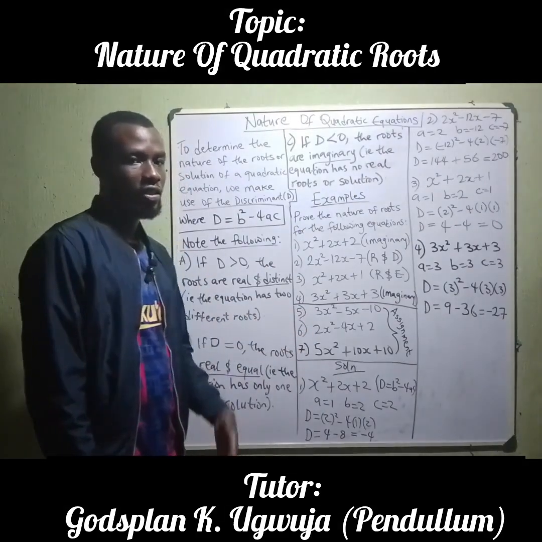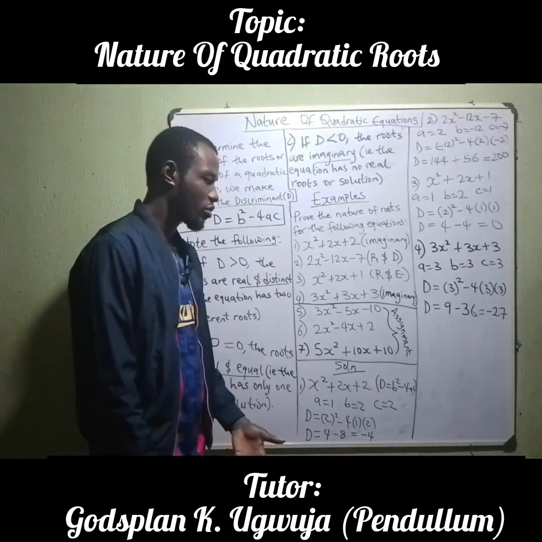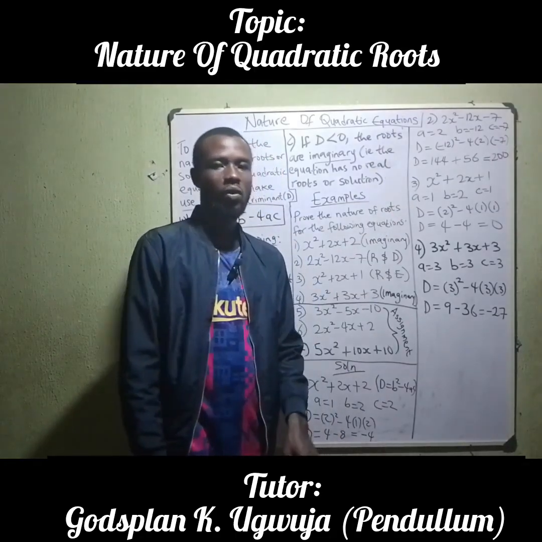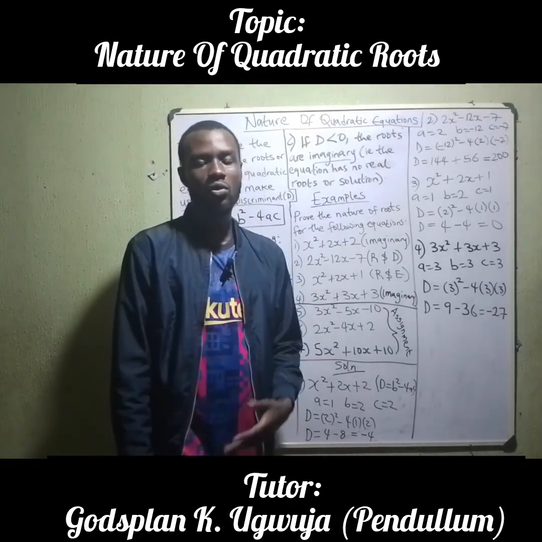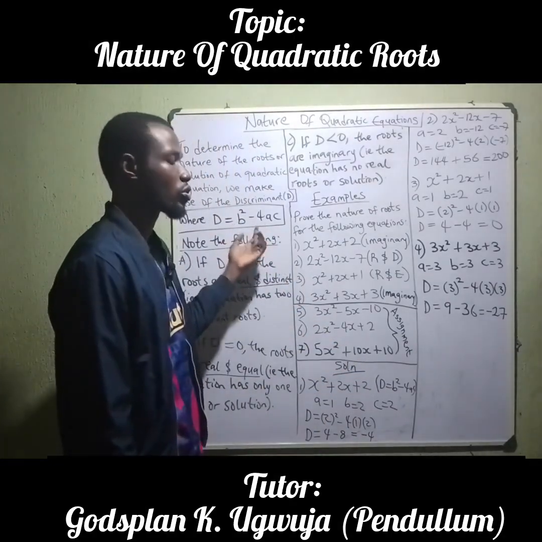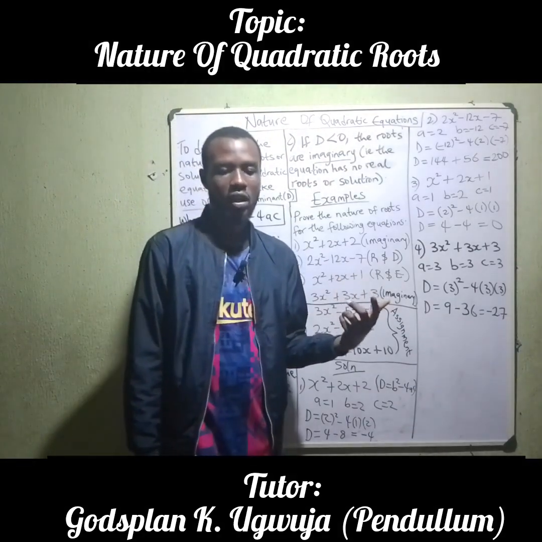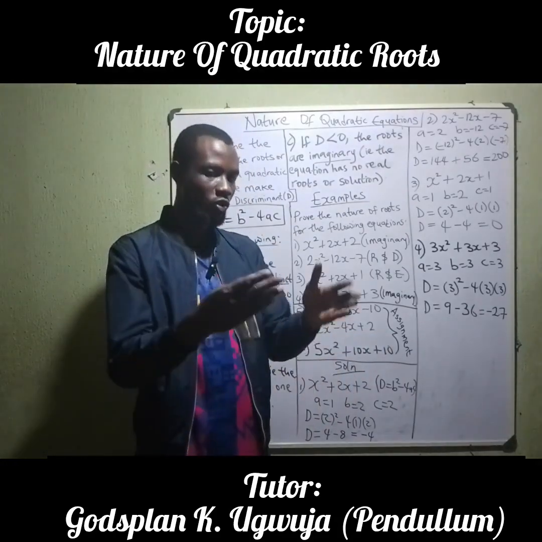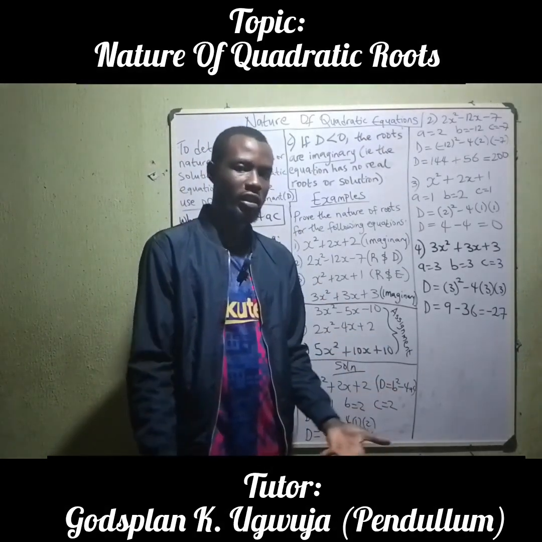Remember, I said this is to help you if you're asked to determine the nature of roots. You don't need to solve the full equation before you're able to know what type of root it has. Okay, this is like a shortcut. Just like the last video, if you have to find the sum of roots or product of quadratic roots, you don't have to solve the whole equation before you get the answer.